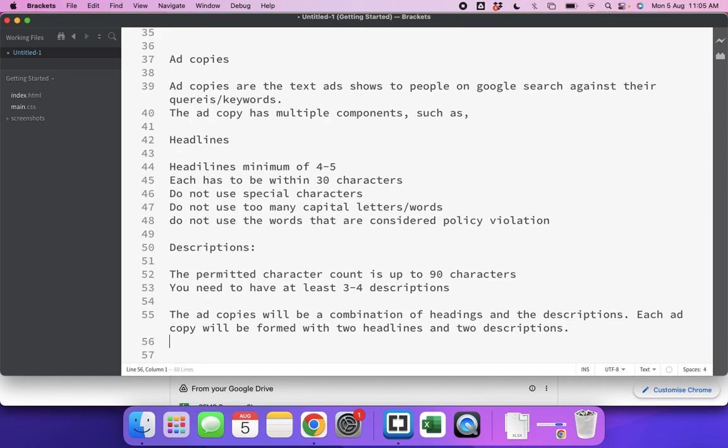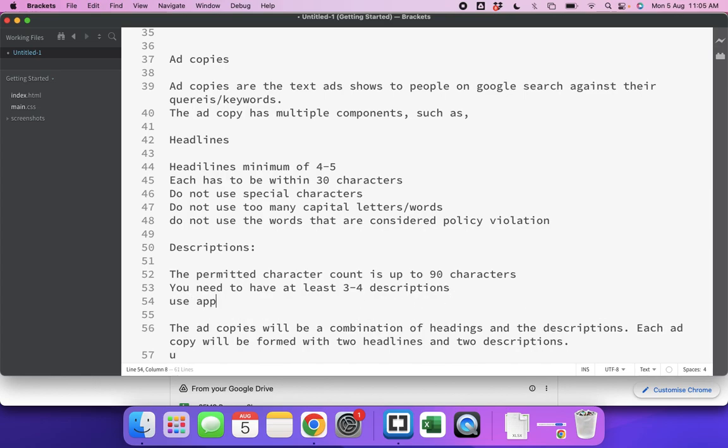Next comes, in the guidelines, use appropriate punctuations.